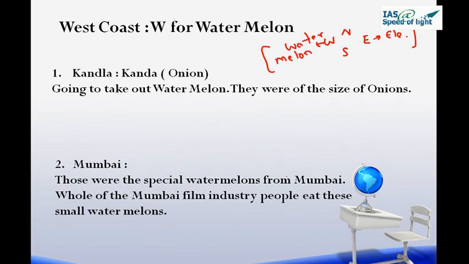Let's move ahead now. And the second seaport is Mumbai. So those were the special watermelons from Mumbai. Normally, all around the world, you find watermelons of big sizes, but only in Mumbai you get watermelons that are the size of onions. So the whole Mumbai film industry people eat these small watermelons.